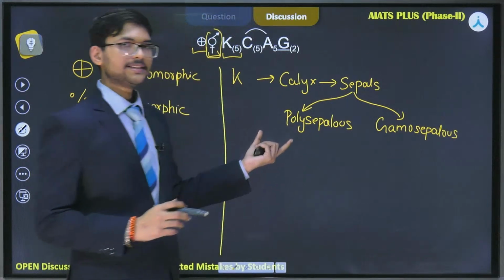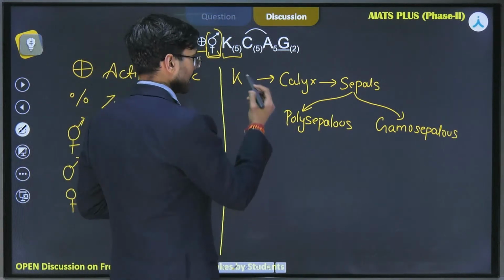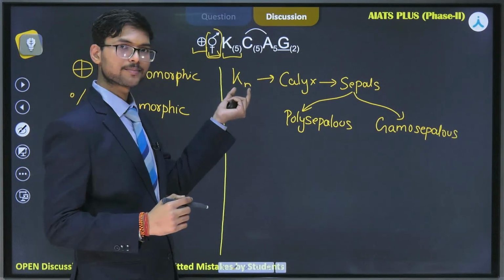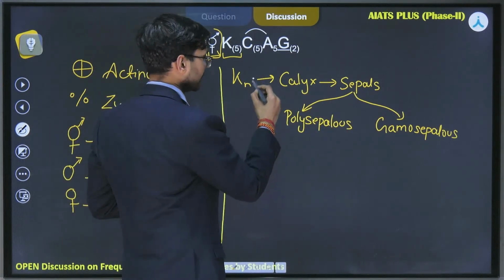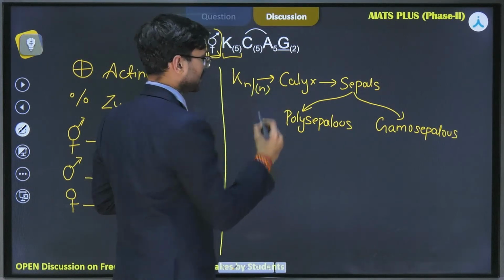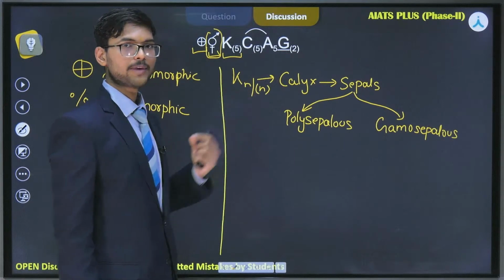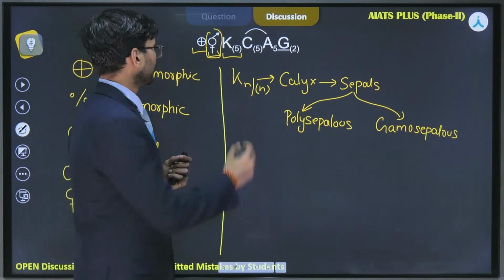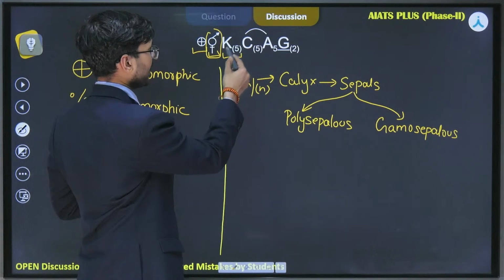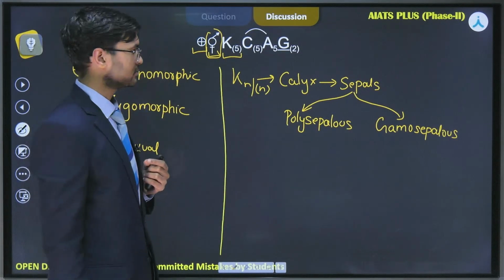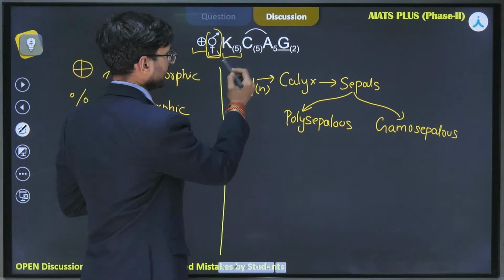So for the polysepalous condition, the representation can be n, the number of units, or for the gamosepalous condition you can use brackets. Okay. For the numerical digit, you will cover the numerical digit in brackets. Okay. So here you will see the flower has which condition, poly or gamo? Yes, the condition here is gamosepalous.